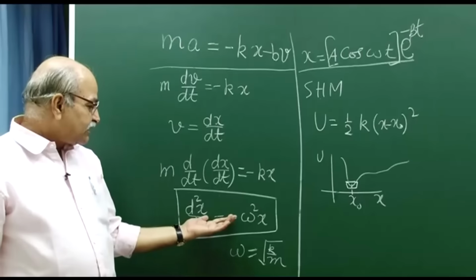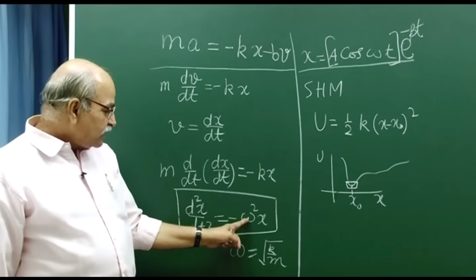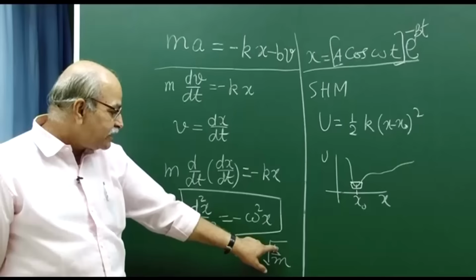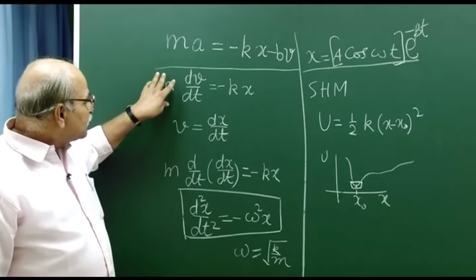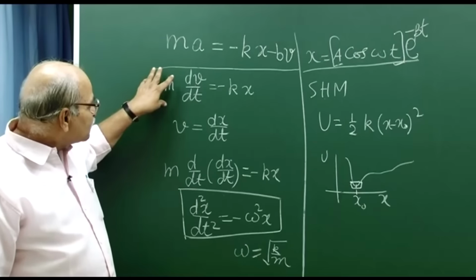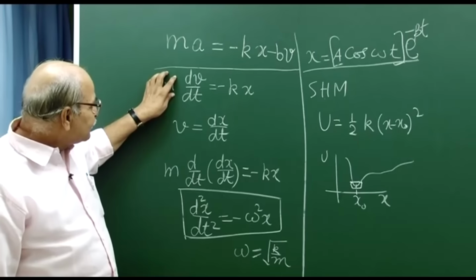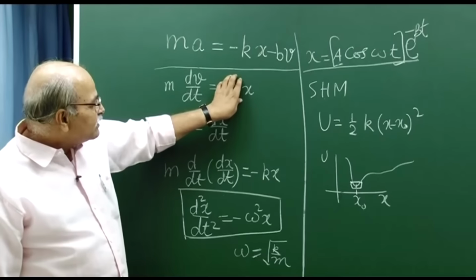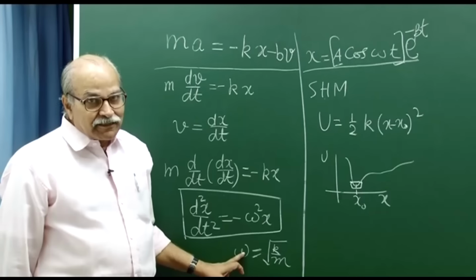This is the differential equation, with a certain frequency omega, which will depend on the restoring force, this k here, and on some property of the system, mass or moment of inertia, something. So, the oscillating system property is here, the force property is here, and they will decide the frequency omega.